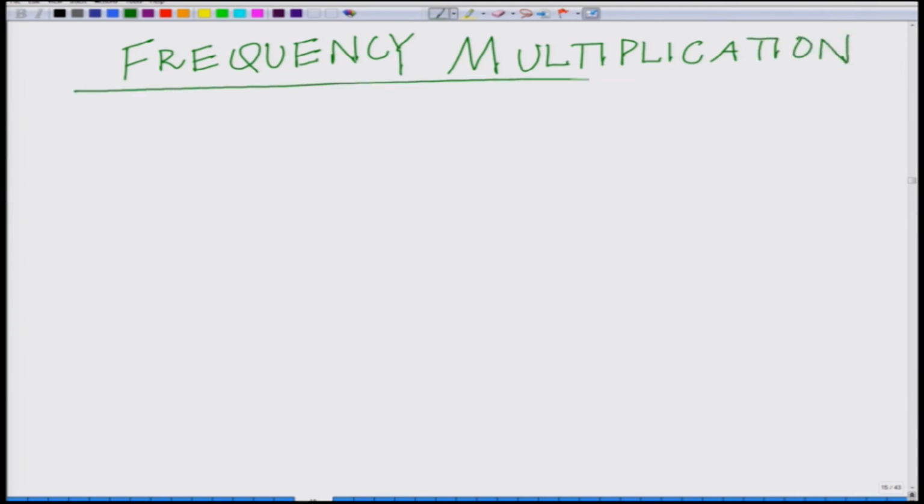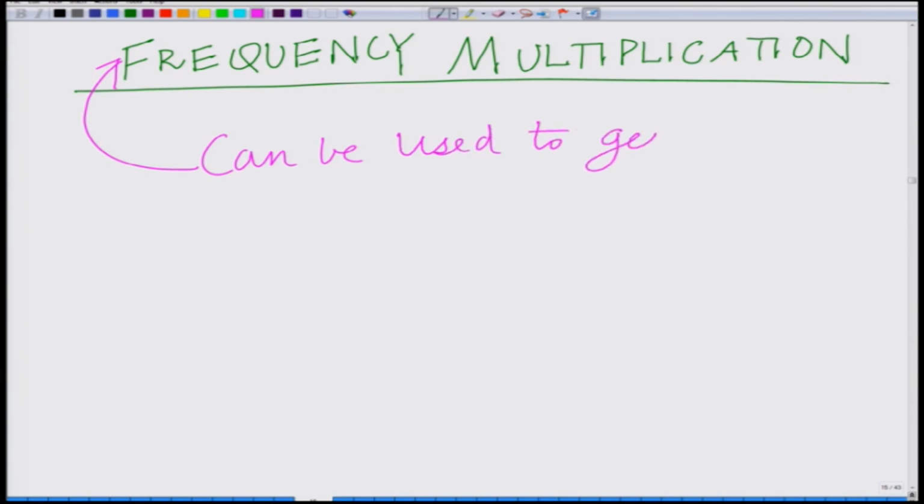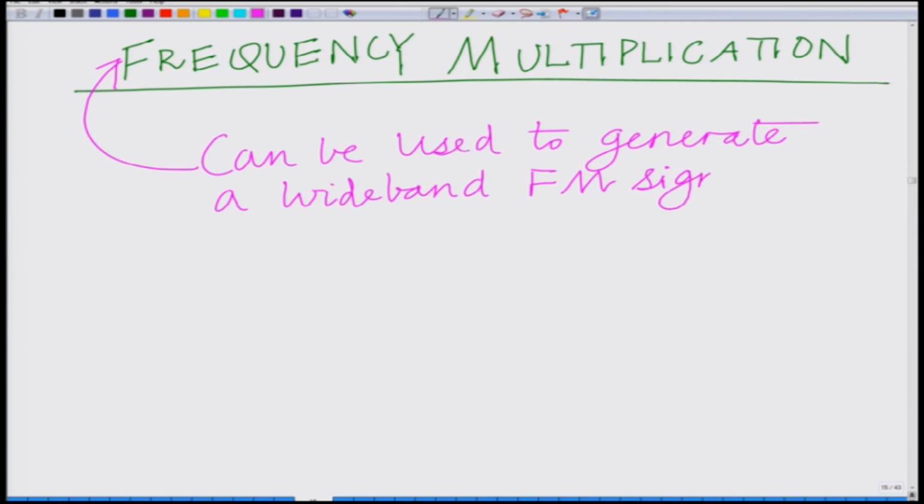Frequency multiplication can be used to generate a wide band signal.